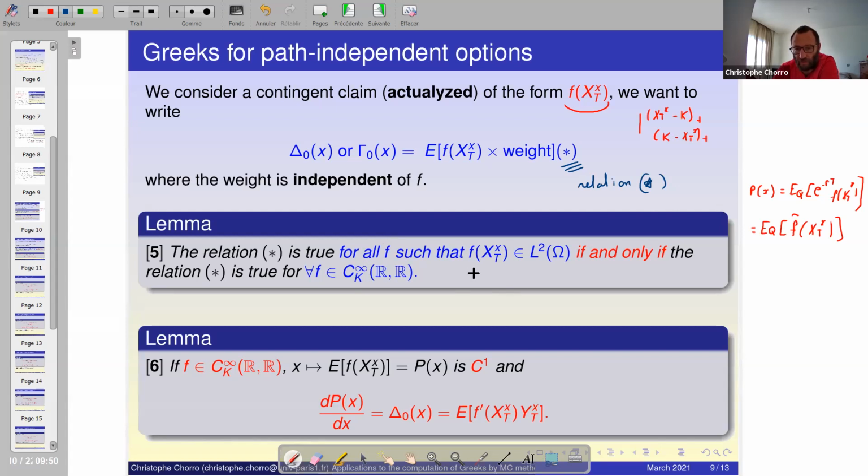I just remind that this means class C infinity and compact support.